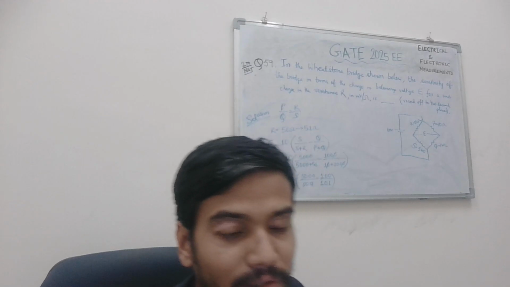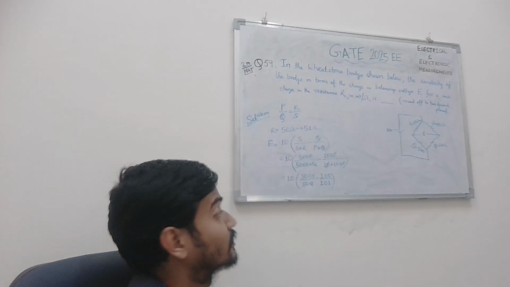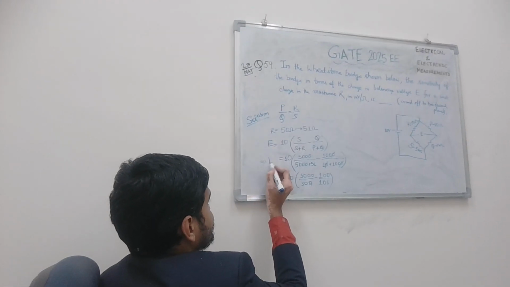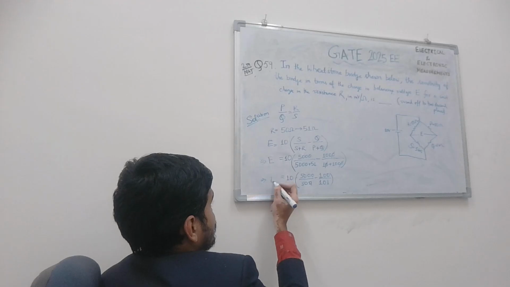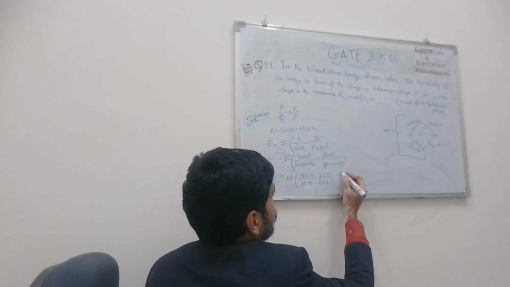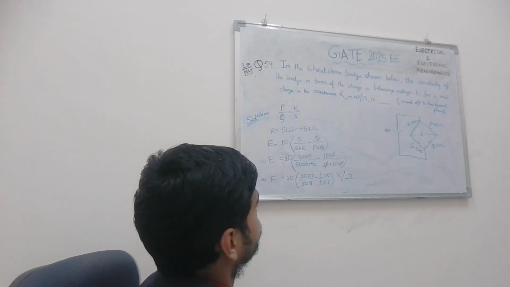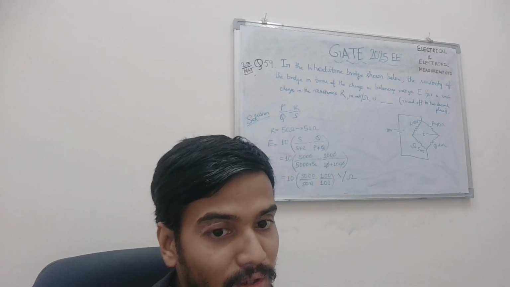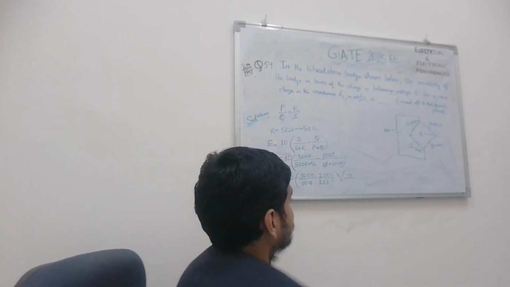Now if we calculate this, we can calculate this simply using a virtual calculator. This will be basically in volts per ohm. Now if we want to calculate in millivolts per ohm, it will be 1000 times this.